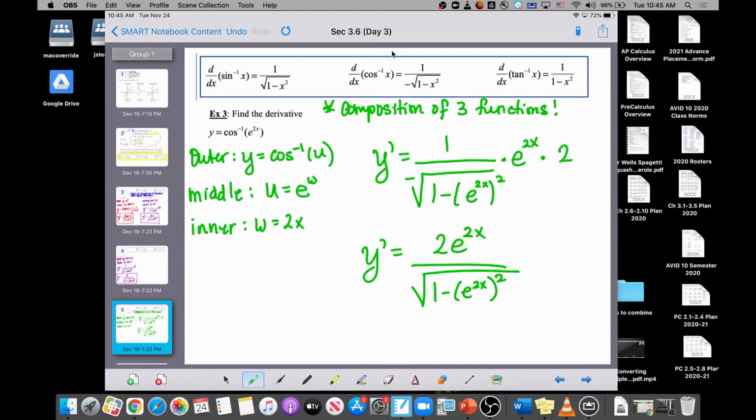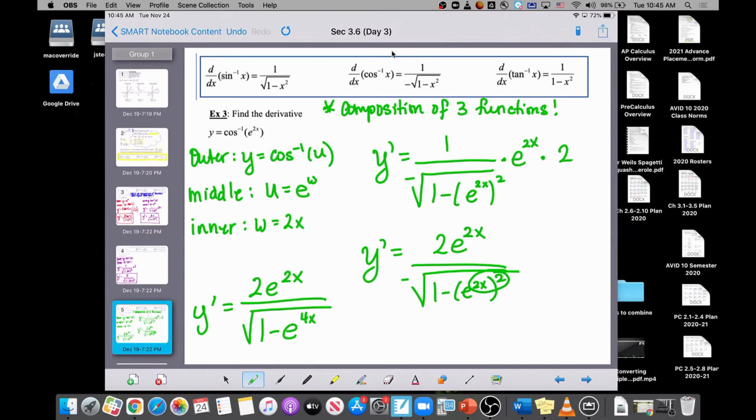And if I wanted to, I could multiply these two together, 2x times 2. So I could write my final answer as y prime equals 2e to the 2x over the square root of 1 minus e to the 4x power.